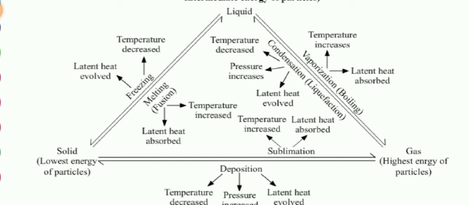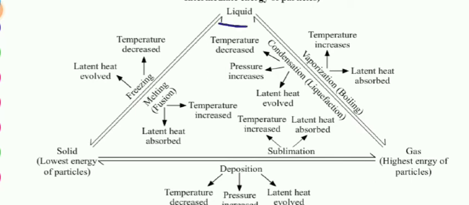Let's begin from solid. Solid particles have the lowest energy, and when they get energy from the surroundings or from any external source, the particles start moving away from each other, and this causes melting of the solid.